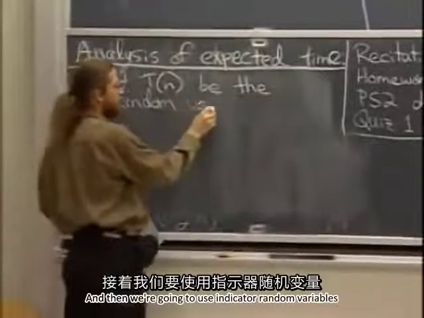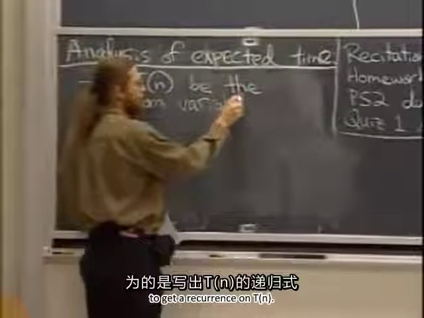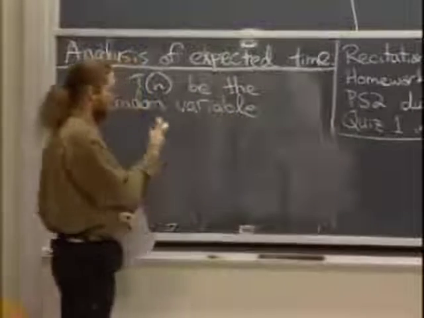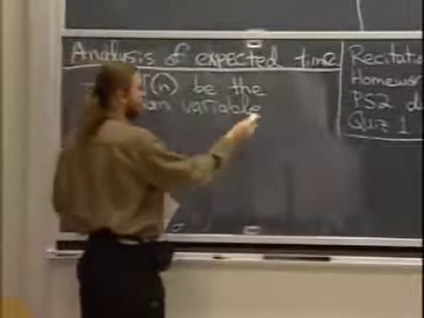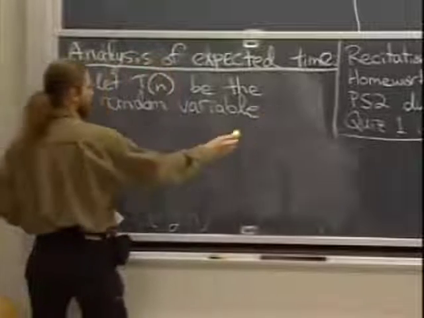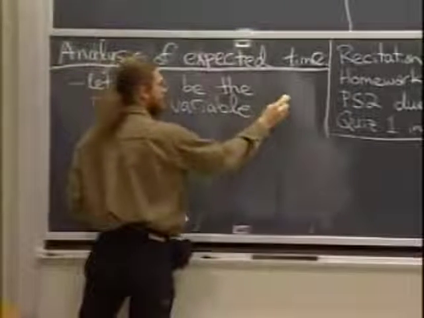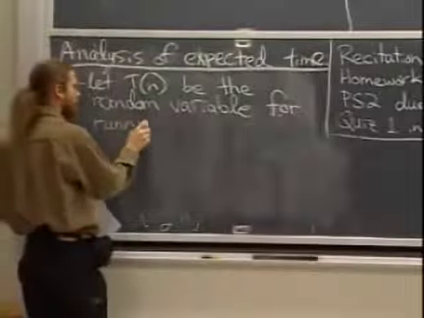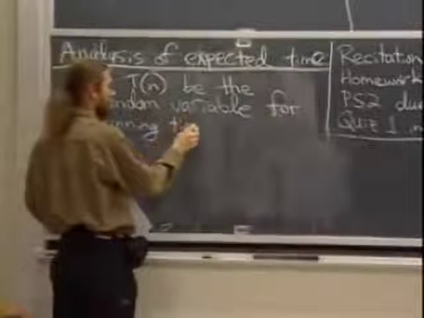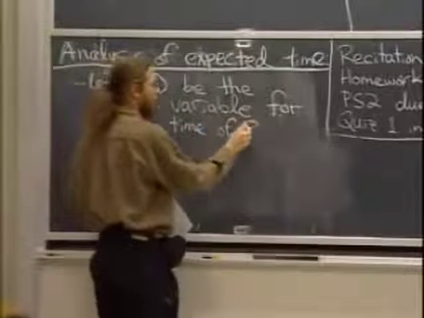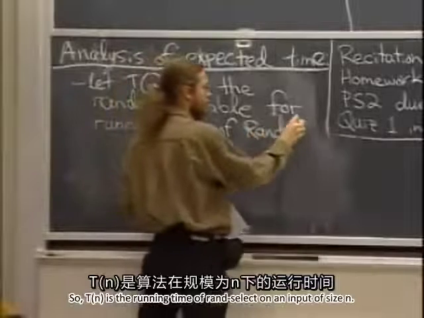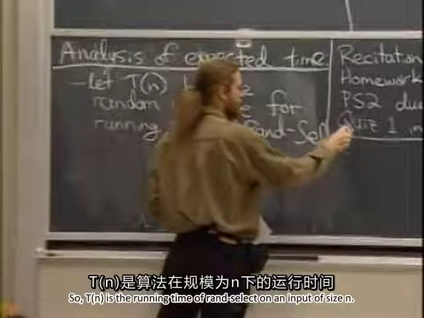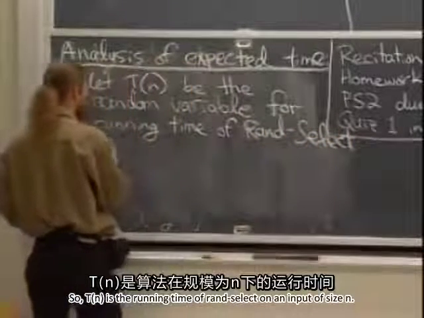And then we're going to use indicator random variables to get a recurrence on T of n. So T of n is the running time of randomized select on an input of size n.